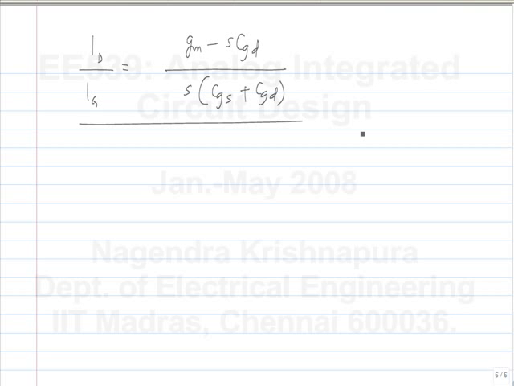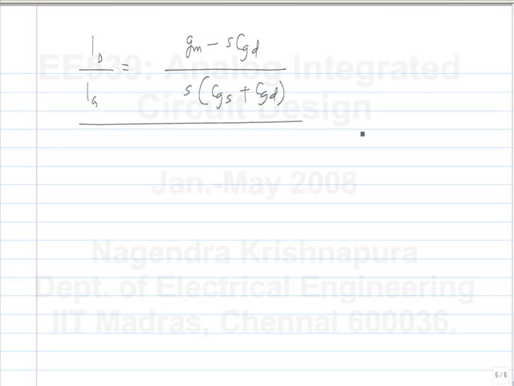So you again see the right half plane 0 that you saw in the common source amplifier. Okay, that's because of the overlap capacitance or the capacitance CGD. So now what we are interested in is to figure out how this gain behaves when you change the bias conditions of the transistor or when you change the aspect ratio of the transistor. Okay.